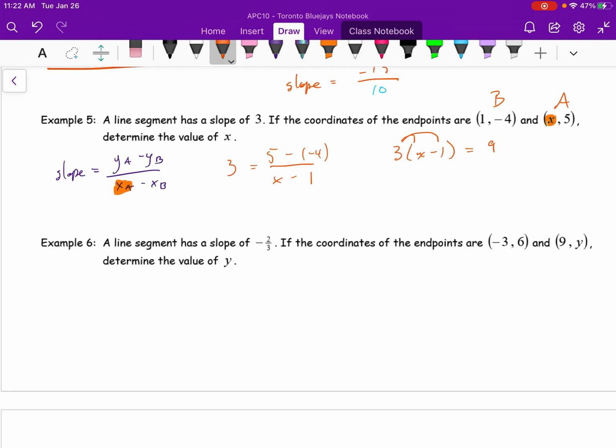The idea is what you do to one side, you must do to the other side. So I'm very simply going to divide both sides by 3, because I notice that the coefficient in front of my binomial is 3. I don't need to multiply through the binomial. If I do that, I have a common factor of 3, and this is just X minus 1 is equal to 3. If I add 1 to both sides, I get X is equal to 4.